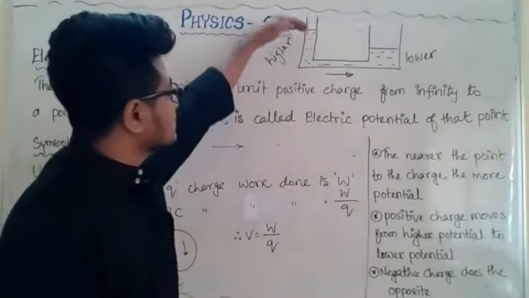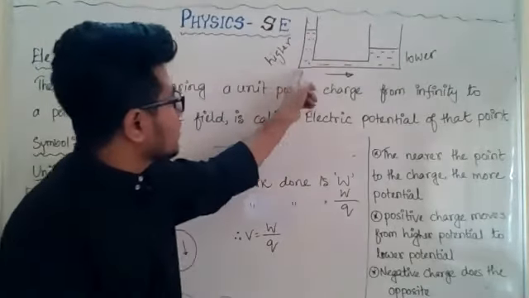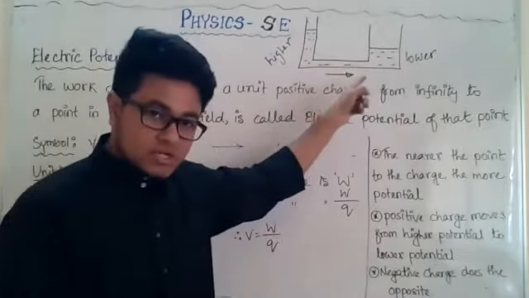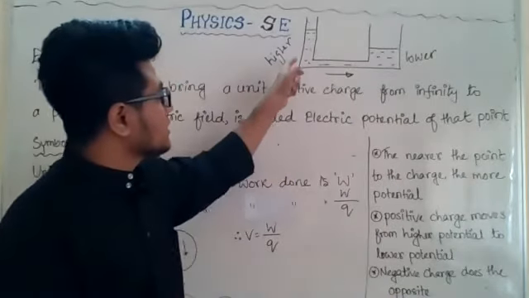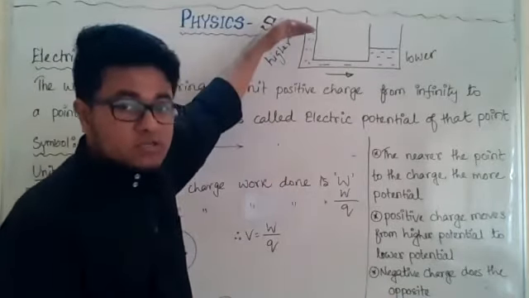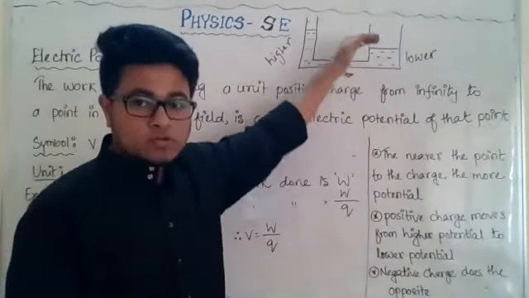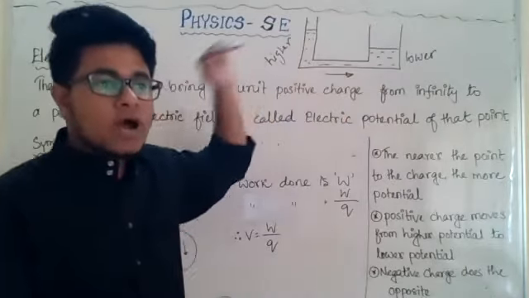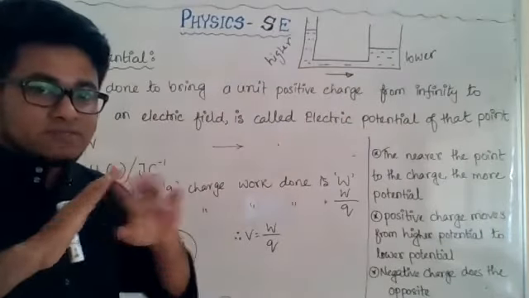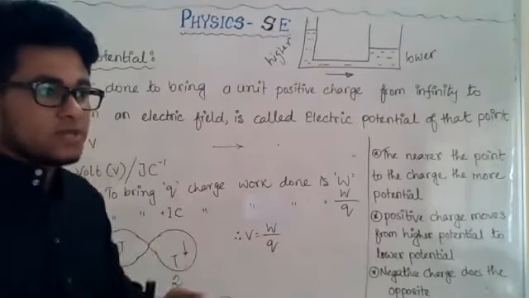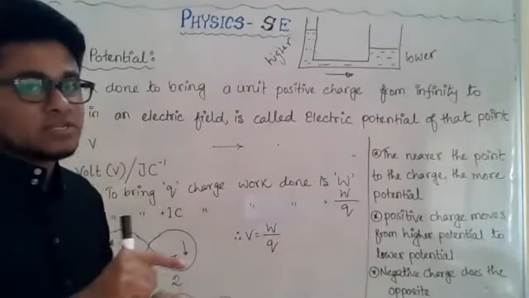As you can see, this is higher, this is lower, and the water is flowing from this direction to that direction. As a result, what will happen? This spot is losing water, so the water level will come down, and water is coming to this spot, so the water level will go up, right? So until the height difference vanishes, the water will continue to flow.